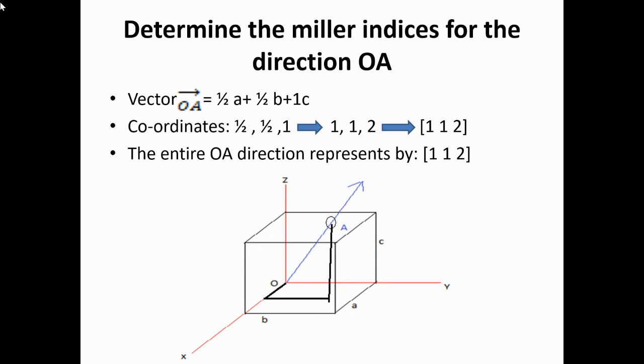You have to choose an origin which lies on this direction. So we have chosen O as the origin. Now you have to consider the axes parallel to the unit cell edges, which are x, y and z.